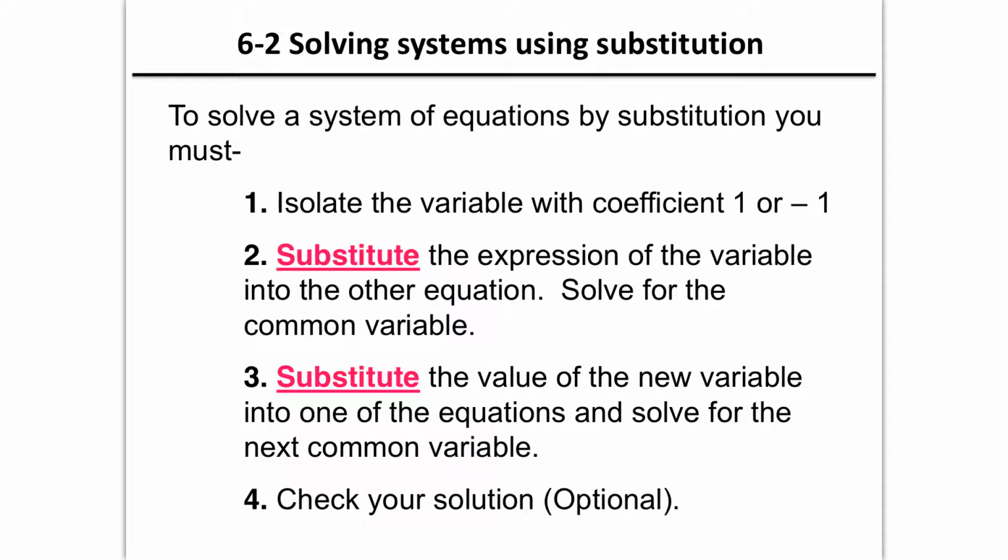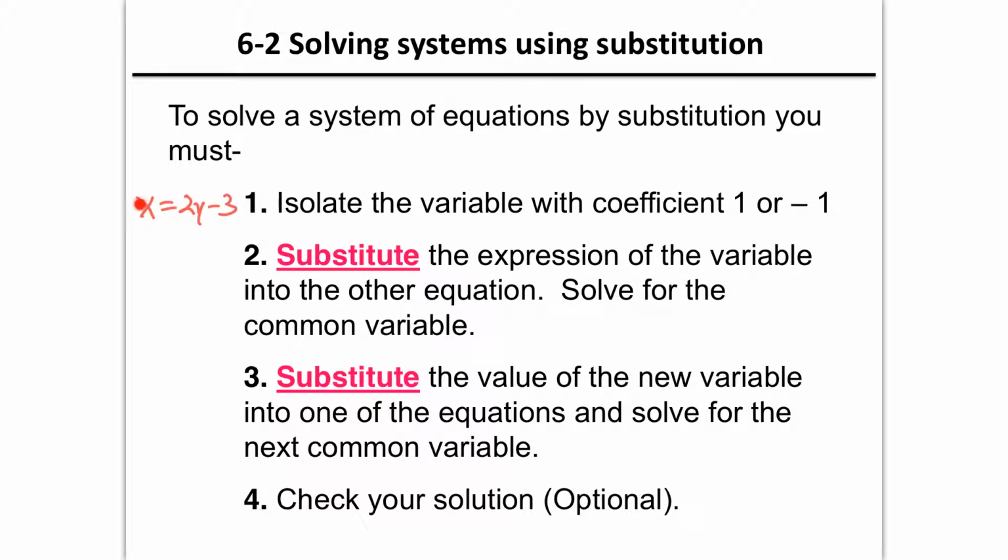Now, step number 2, you want to substitute the expression of the variable into the other equation. So the idea is, in step number 1, you will get one variable by itself. I'll give you guys an example. You might have an equation where x equals 2y minus 3.